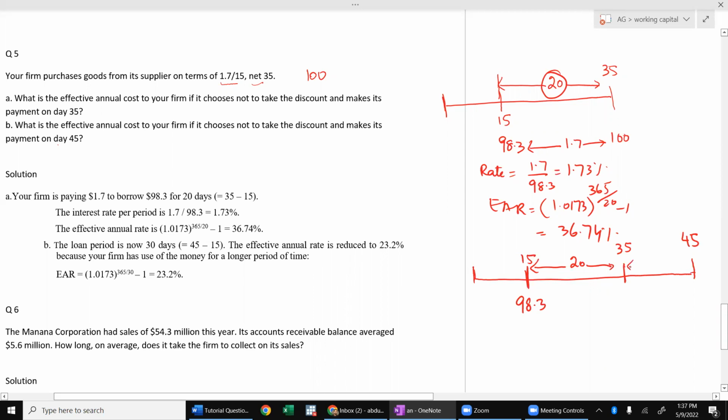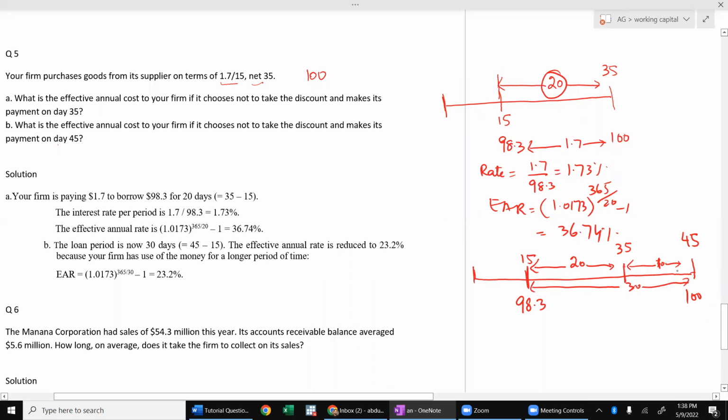So you want to pay 100 on the 45th day. Nothing else will change, just the time period will change. So the total period is 30 days.